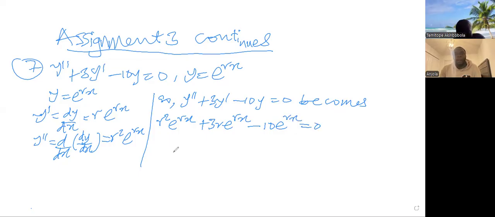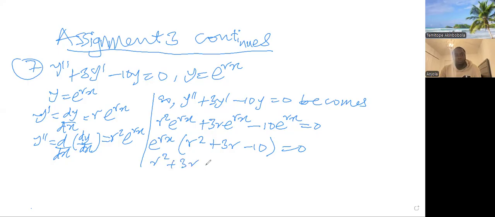So if you look at the left-hand side closely, you will see that you can factor out e raised to power rx. And you now have in the brackets r squared plus 3r minus 10 equals 0, since e raised to power rx cannot be 0.